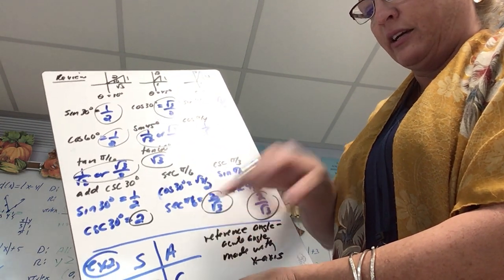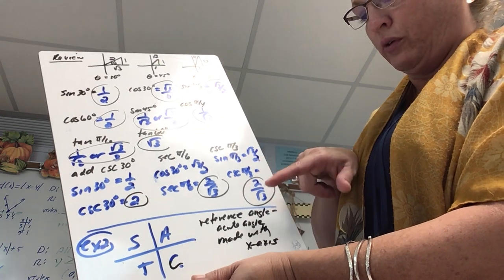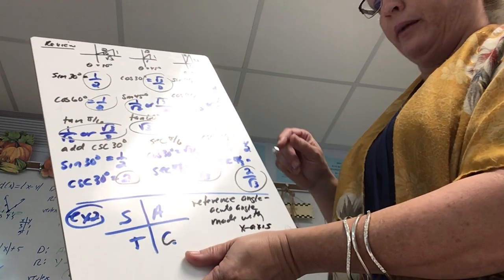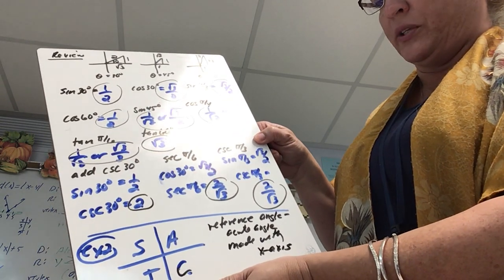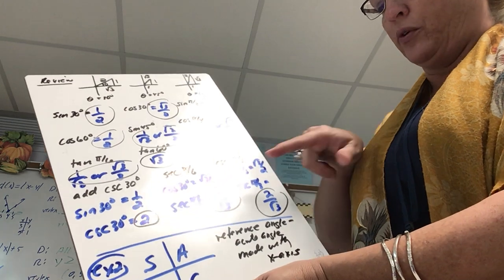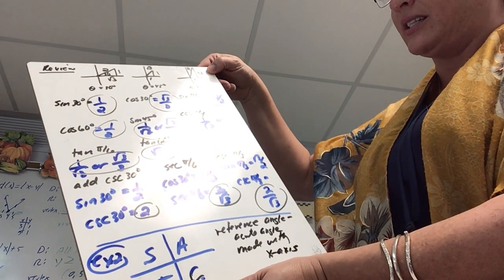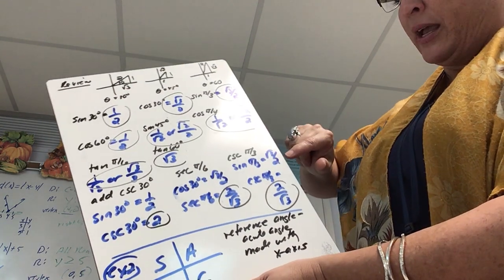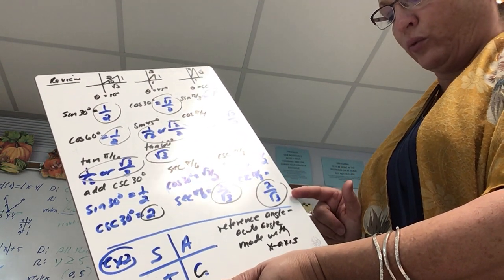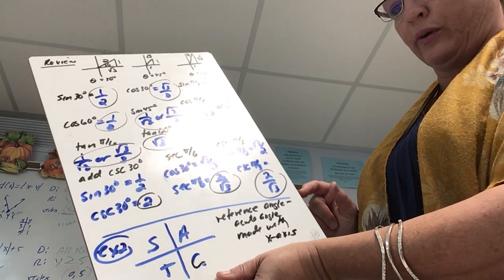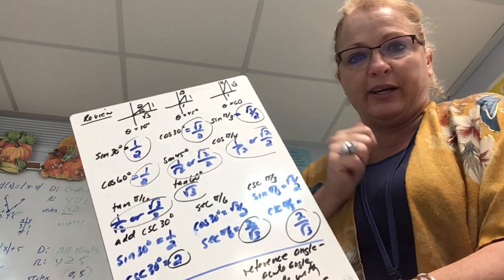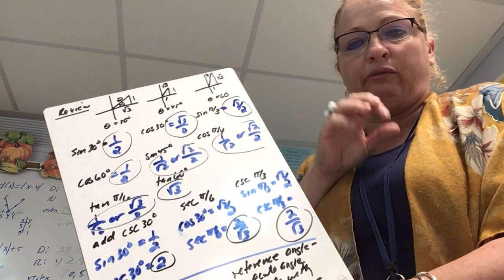So the secant of 30 would be its reciprocal, which is 2 over square root of 3, or if you want to write it as 2 square root of 3/3. How about the cosecant of pi over 3? Cosecant of 60 degrees. So I'm going to go to the sine of 60. The sine of 60 is square root of 3/2. So therefore the cosecant would be the reciprocal, which is 2 over square root of 3, or 2 square root of 3/3.